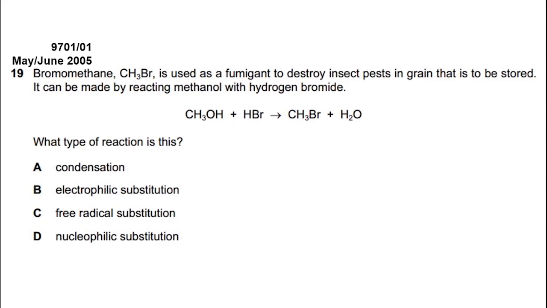The hydroxyl switches position with bromine after the reaction. It will be called substitution, and because bromine is negatively charged and attracted to the positive polarity, it is nucleophilic. So the answer is D, nucleophilic substitution.